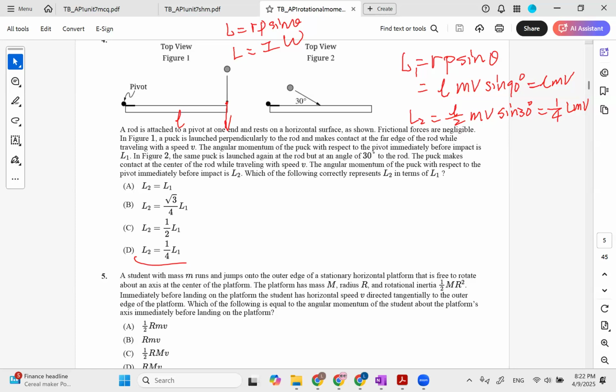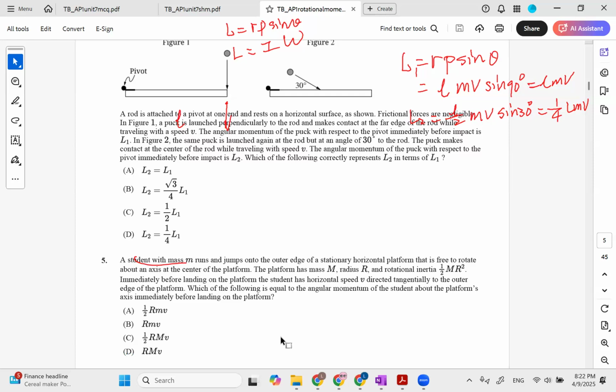And then five. Five, what kind of problem? Kind of like a collision. So assume, what kind of situation? This is a rotating plate, right? The platform is rotating.